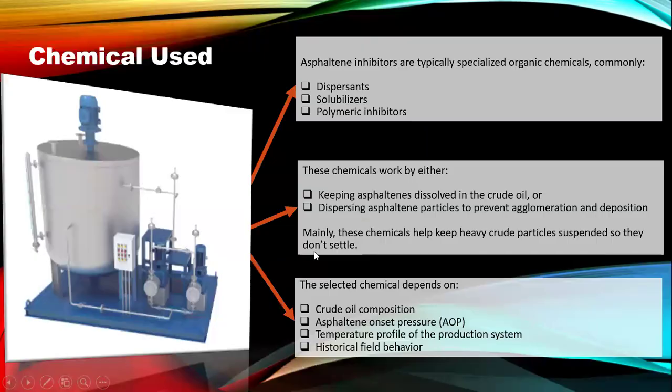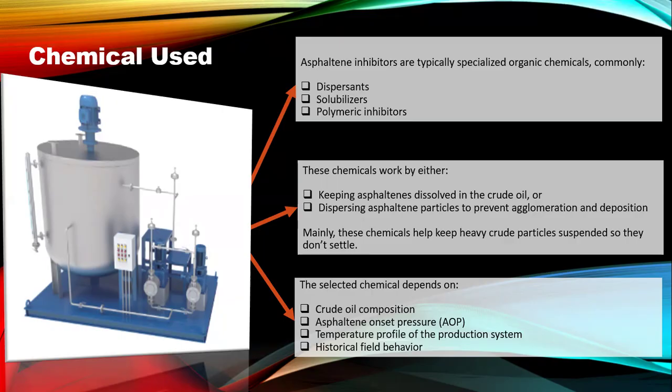So asphaltene inhibitors are typically specialized organic chemicals. Commonly, your dispersants, your solubilizers, and polymeric inhibitors. These chemicals work by either keeping asphaltene dissolved in the crude oil or dispersing asphaltene particles to prevent agglomeration and deposition.